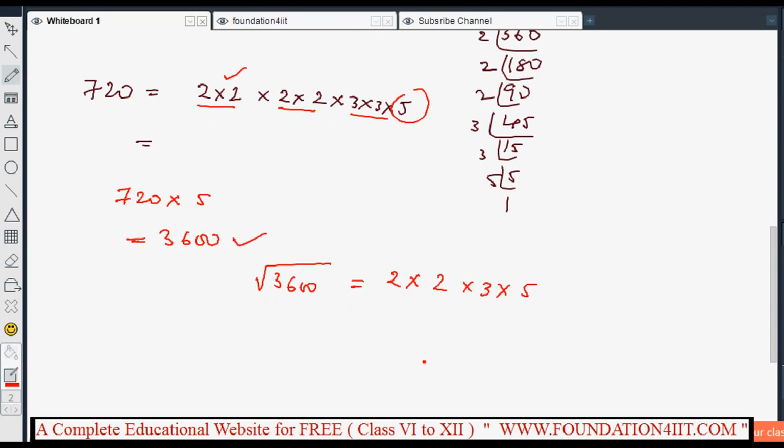Because according to the third rule, we should take one out of every pair. So 2 to the 4, 4 times 3 is 12, 12 times 5 is 60. So 60 is the square root of 3600.